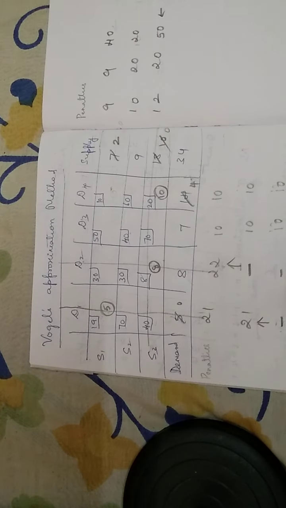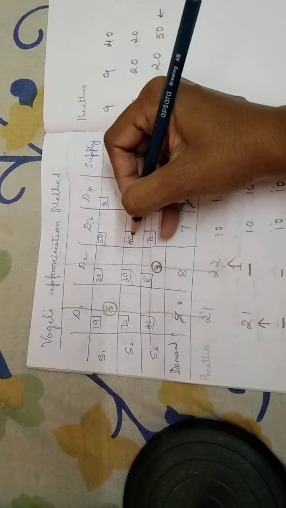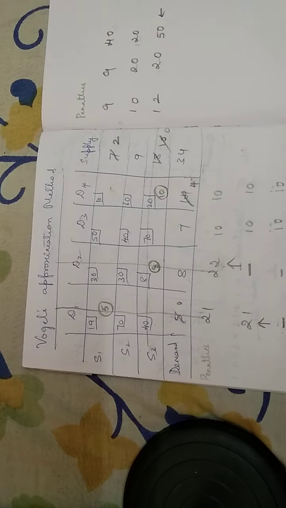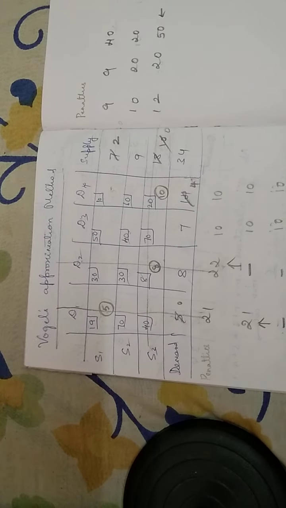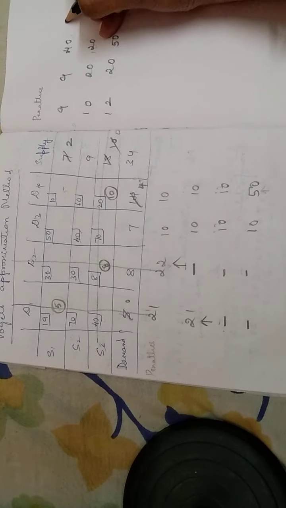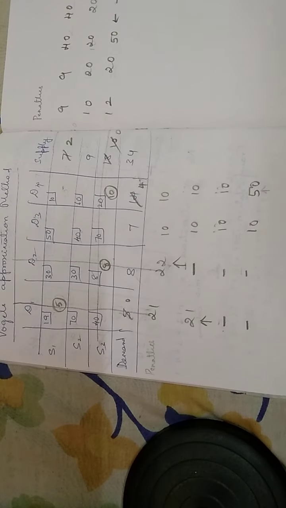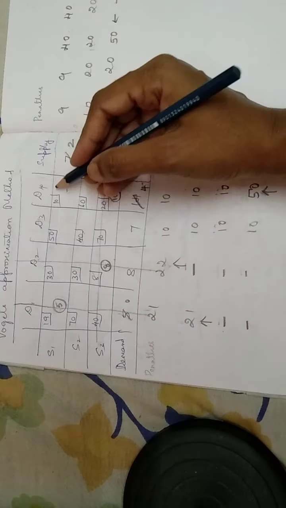So finally let us work out the rest. Here 50 minus 40 is 10. Here it is 50. Then the penalties here will be 40 and 20. I cannot make any more allocations here. If you observe the penalties here, this is the maximum, so I have to make the allocation here.